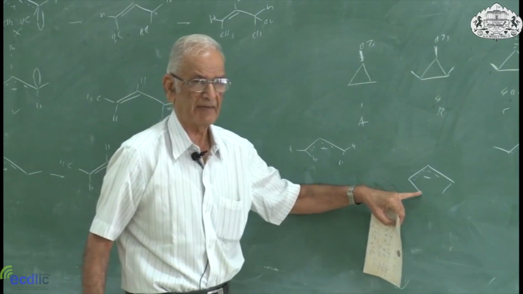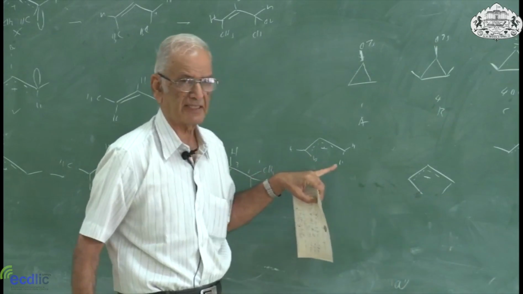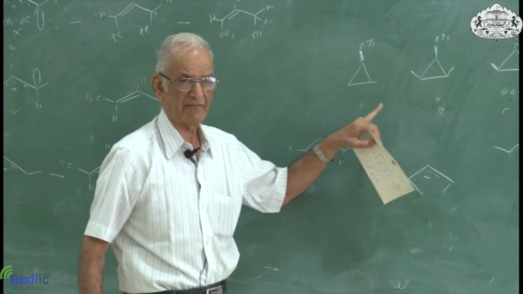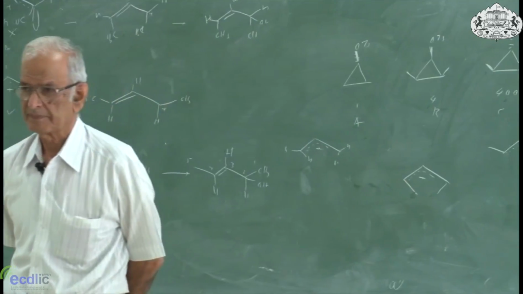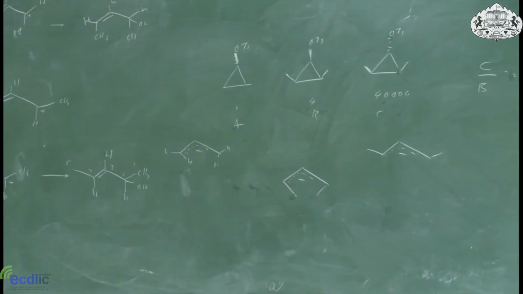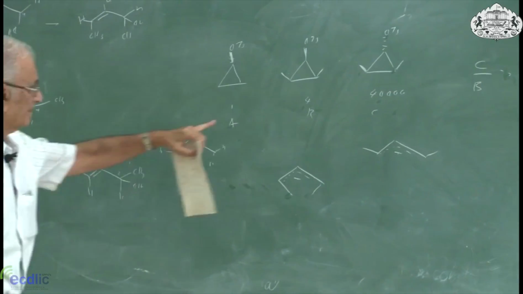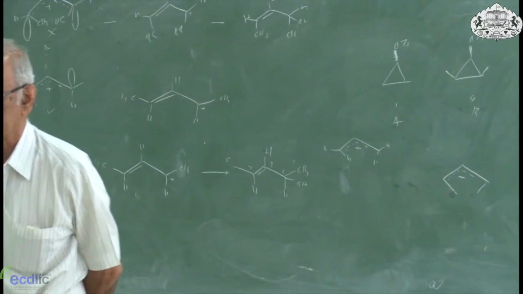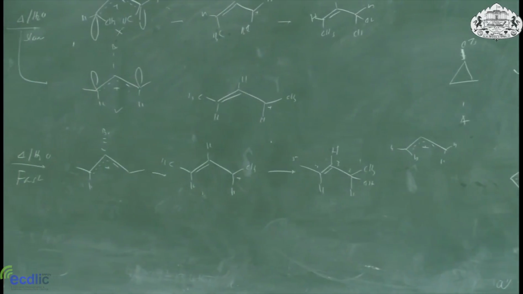Here methyls are having problem, here hydrogens are having problem. Therefore, this should react faster than this. But what is the observation? Observation is this is reacting 4 times faster than this. Why?